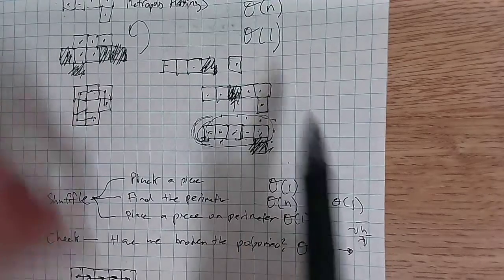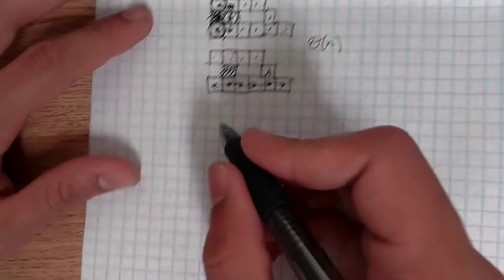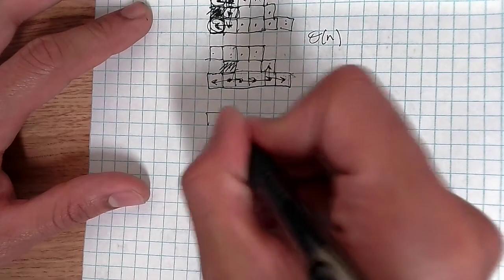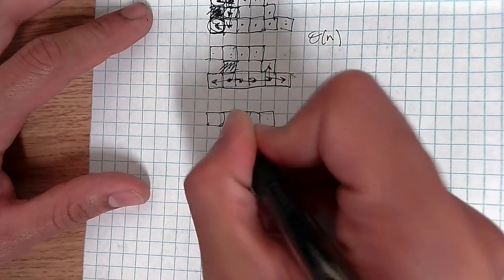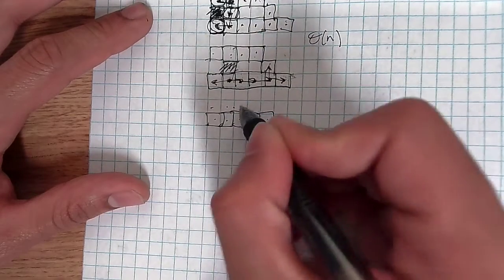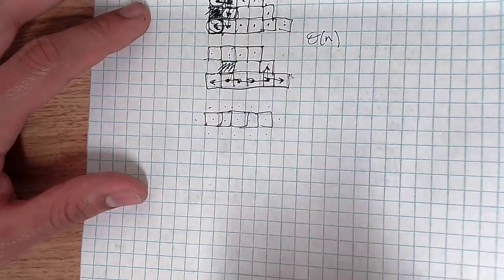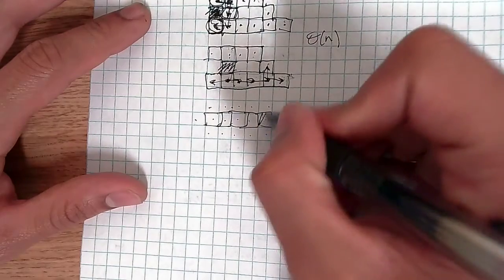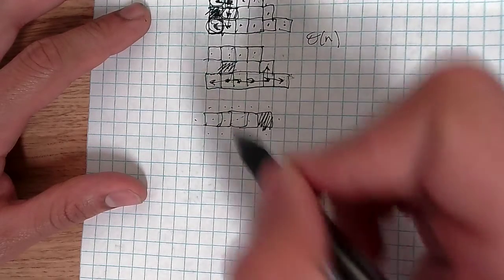So one way to think about that is, instead of doing all this perimeter calculation, where we go through every single piece, let's just draw a 5-omino really quick. We go through every single piece and see what its perimeter looks like, right? Just like that. Now, if I remove a piece, I shouldn't have to go back and recompute the entire perimeter.